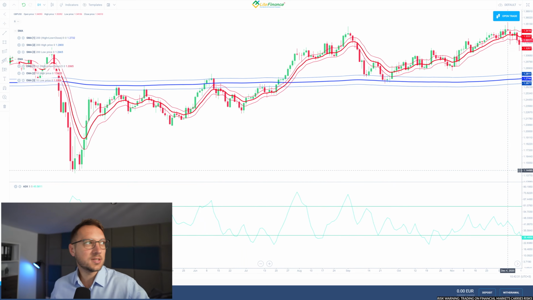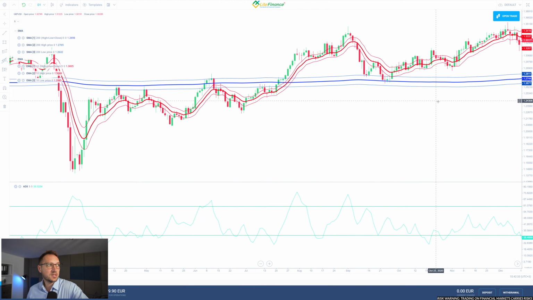Let's switch the chart. This is the GBP/USD daily time frame chart, and I'm explaining all the ingredients because you can see that there are various moving averages and some ADX down below, but it doesn't look as usual.